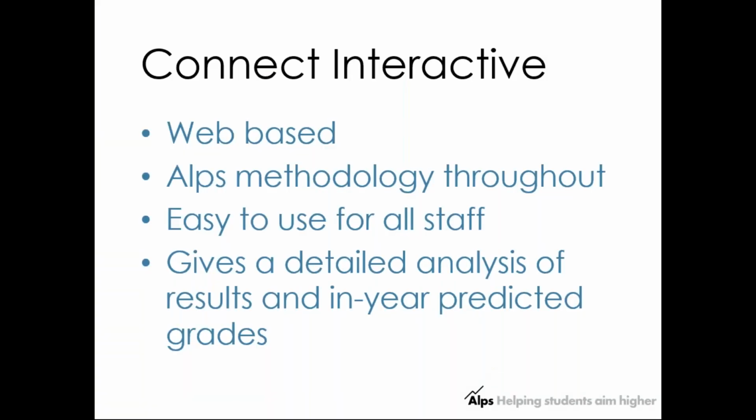It uses the Alps methodology throughout and is as easy to use and understand as one of our reports, but the significant difference is that it gives you a detailed analysis of your end of year results, and also enables you to upload as many in-year predicted grade points as you wish for as many years as you want. It works at Key Stage 4 for years 9, 10 and 11, and at Key Stage 5 for years 12 and 13.